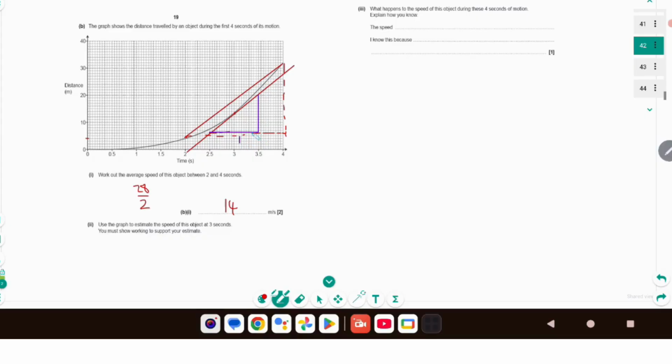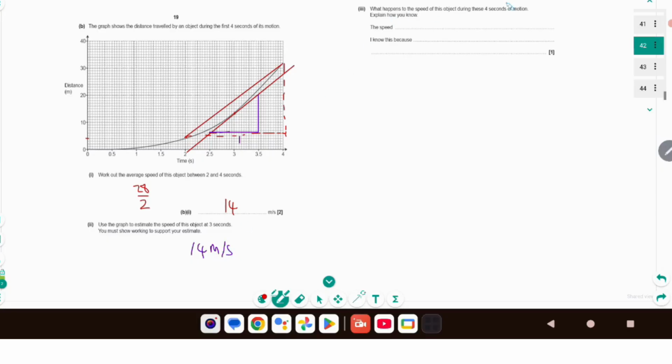We've got 1 as the base. 14 is the height. 14 divided by 1. Yeah, so we get 14 metres per second.